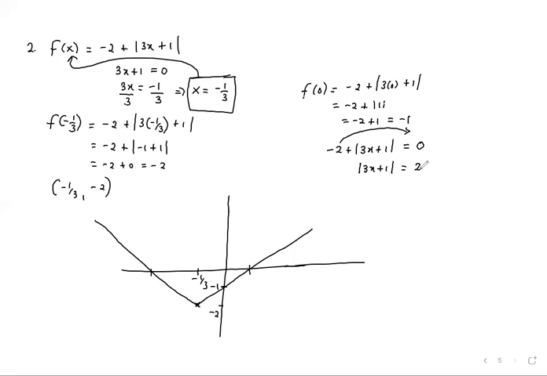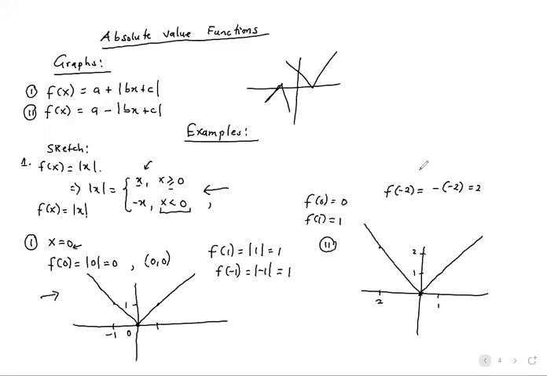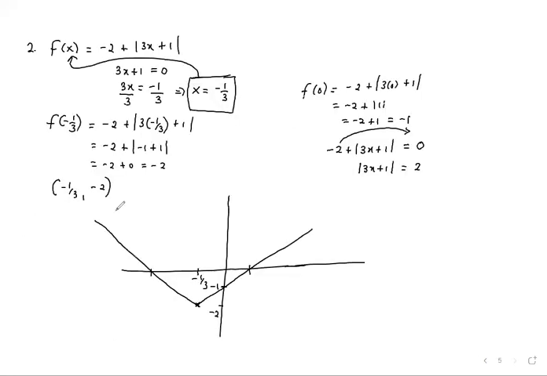Then how do we define this guy? We've said it's defined in 2 pieces. So we use those pieces. So 3x plus 1 is equal to 2, or negative 3x plus 1 is equal to 2.